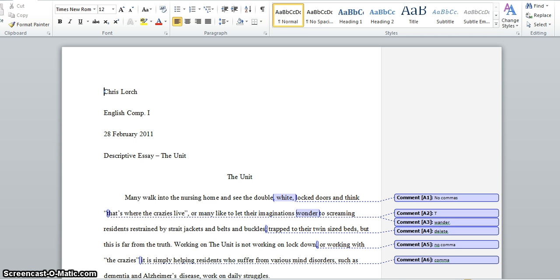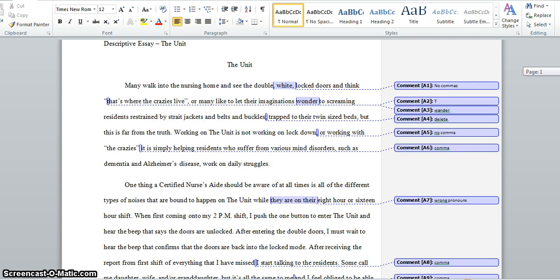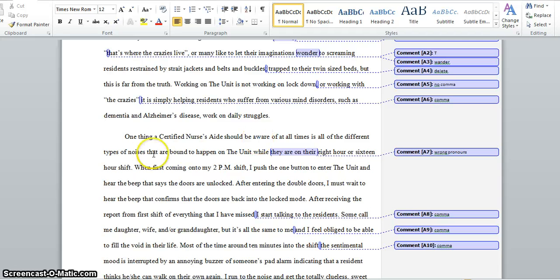So let's look at a few issues in this sample student essay that has some of my comments on here. Let's look at pronouns. If you look at this sentence, it says, one thing a certified nurse's aide should be aware of at all times is all the different types of noises that are bound to happen on the unit while they are on their 8 or 16-hour shift.